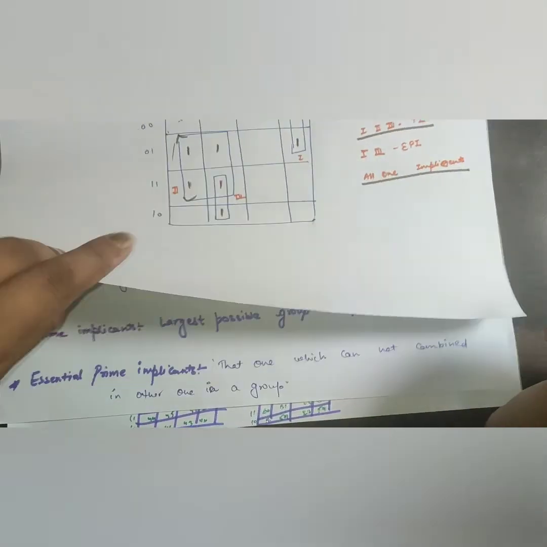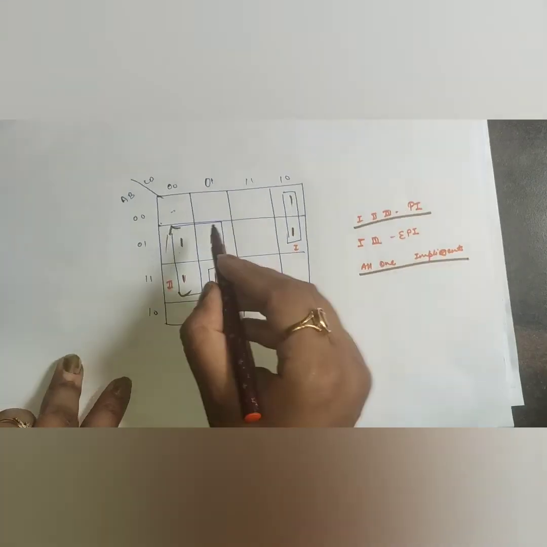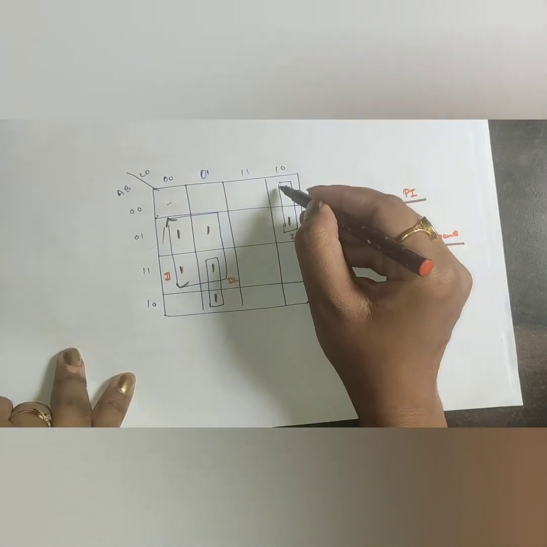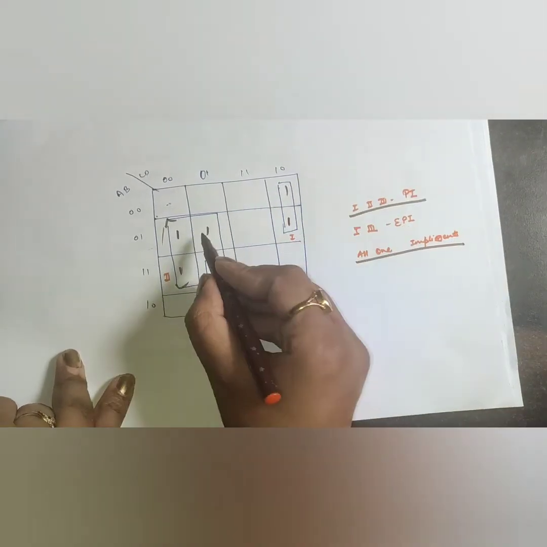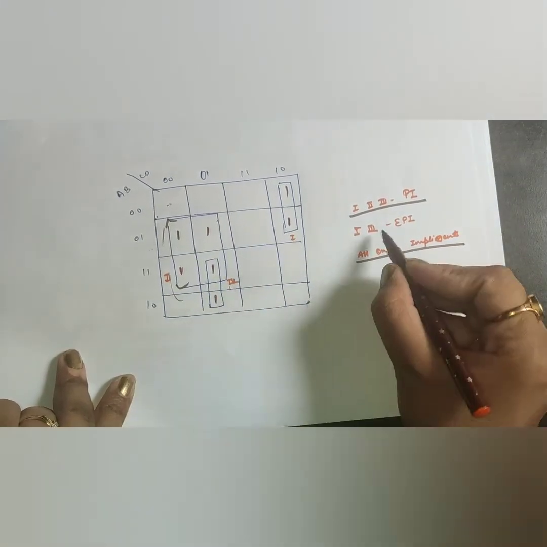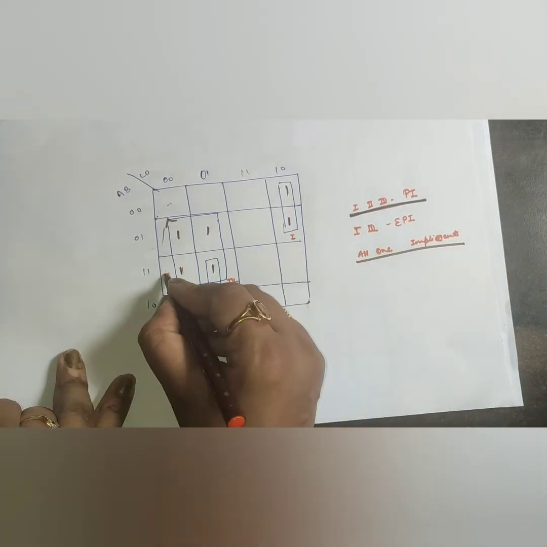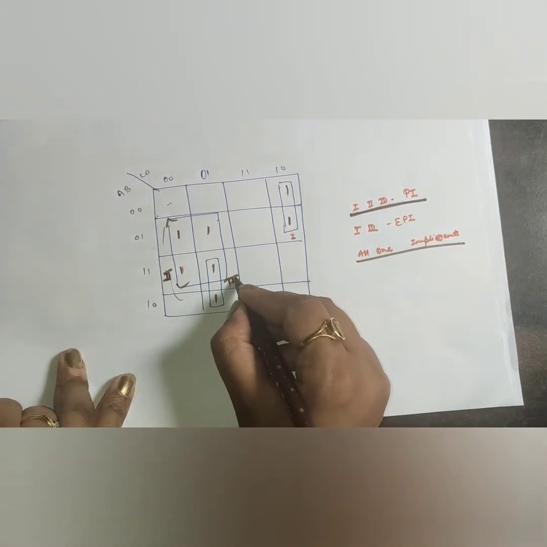Now prime implicants are the largest possible groups. This is the largest possible group we can make from these ones, and this is as well. So these are prime implicants: group 1, group 2 and group 3.